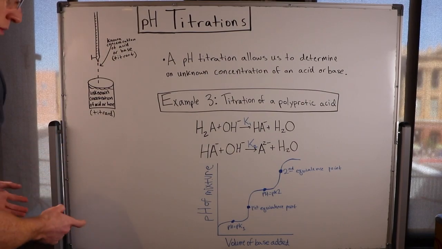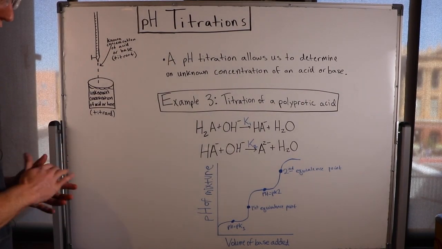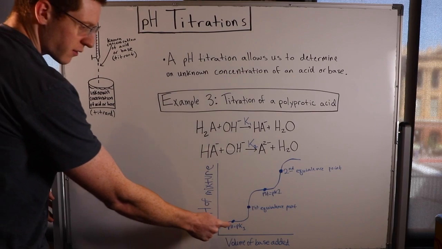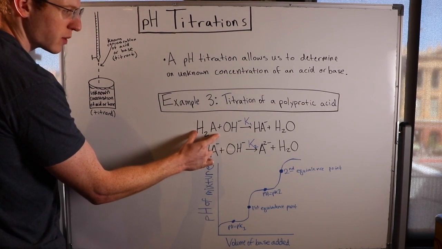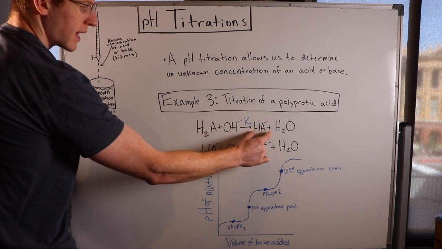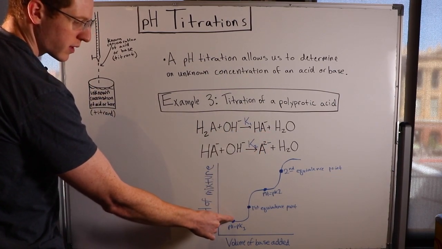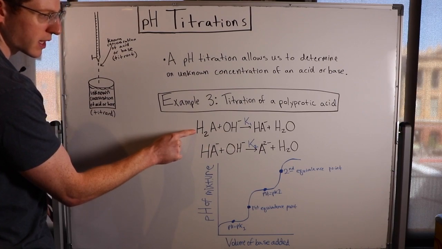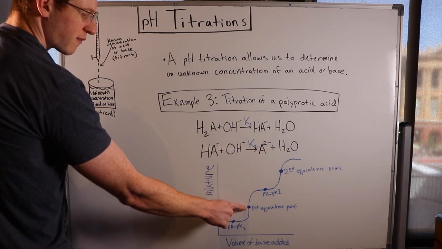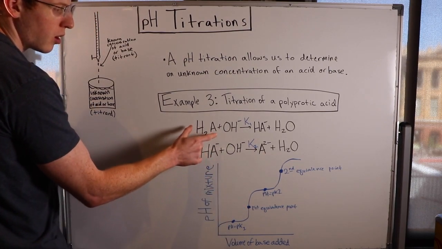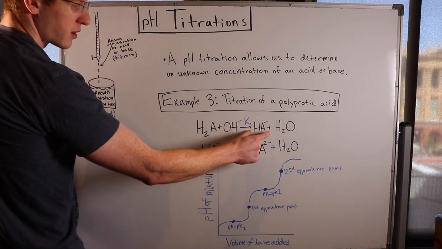Okay, and I'd also like to point out something that's very important for you to understand is that at this first half equivalence point, half of this H2A has been converted into HA-. So at this point, the concentration of H2A would be equal to that of the HA-. Then at the first equivalence point, all of the H2A has been converted into HA-.